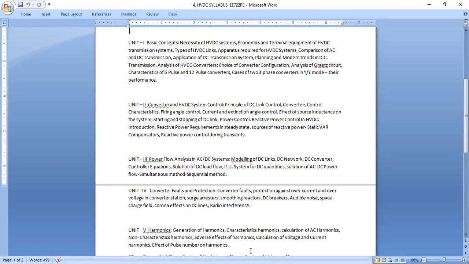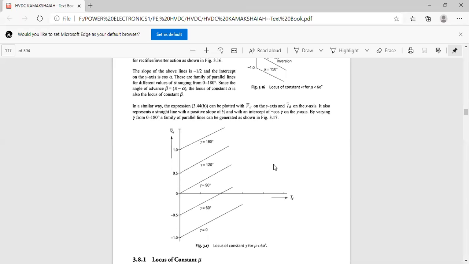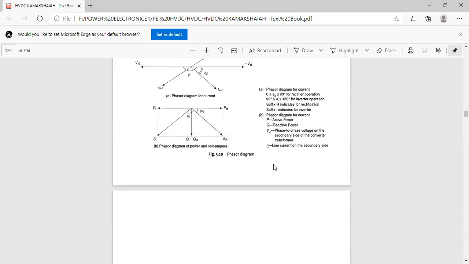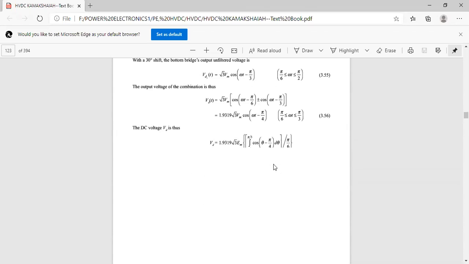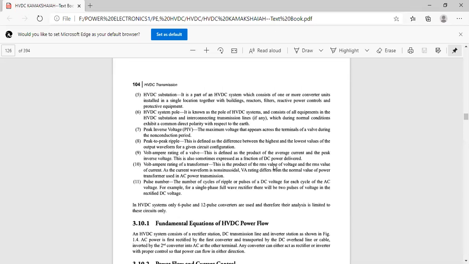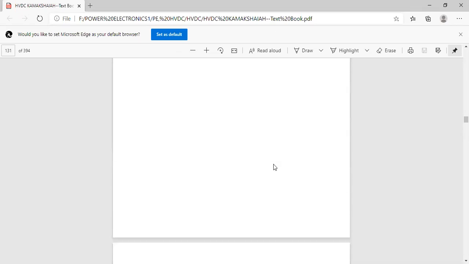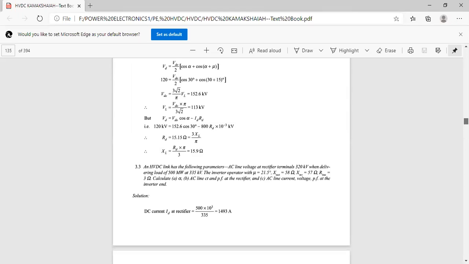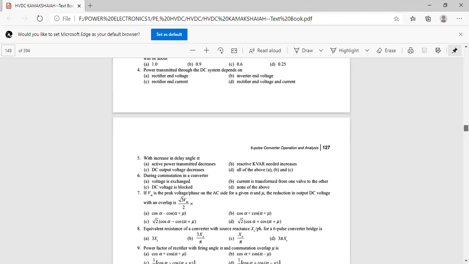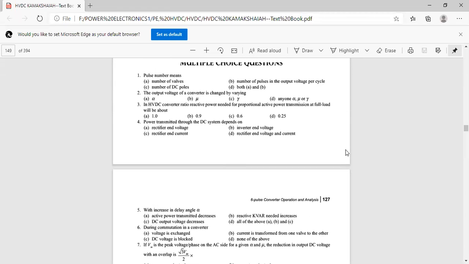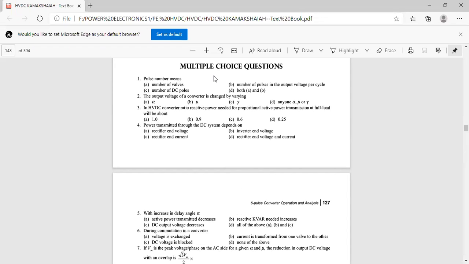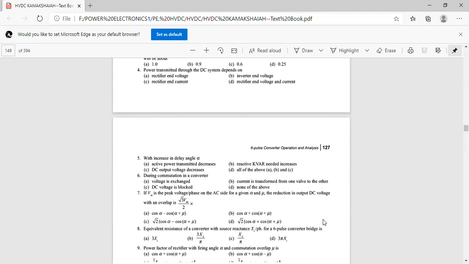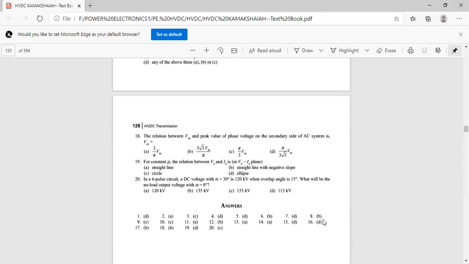I will show where it is. See, in your chapter 3, behind chapter 3, multiple choice questions are there. Page number 126, 127, 20 questions are there.